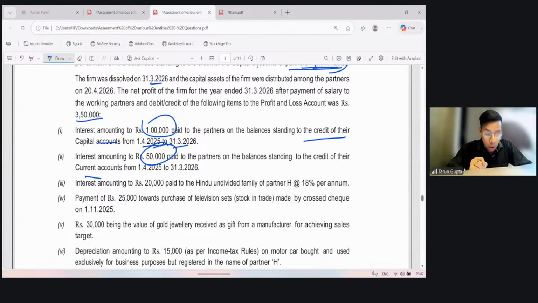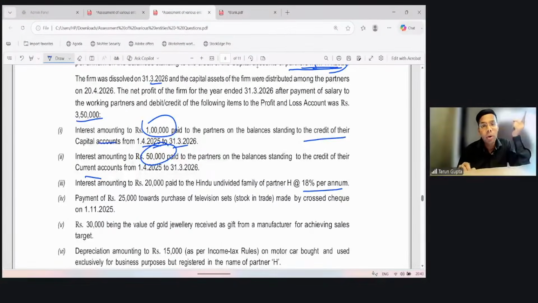Interest amounting to 20,000 paid to the Hindu undivided family of partner H at the rate of 18%. So this interest of 20,000 is paid to the HUF of H, not to H, at the rate of 18%. But who is the partner? Is the HUF of H the partner or is H the partner? H is the partner.